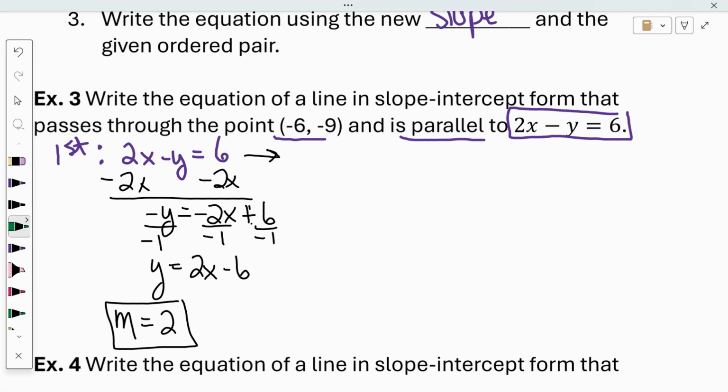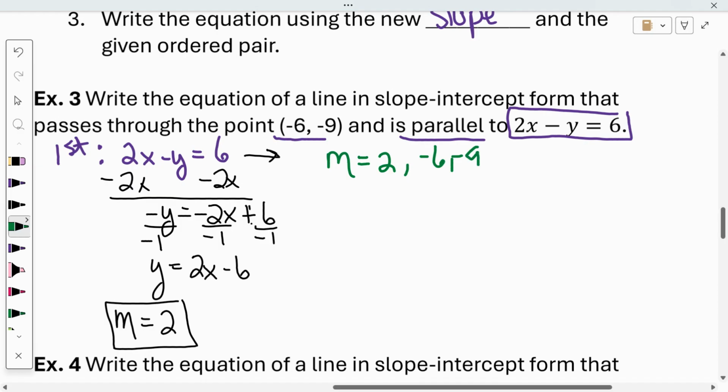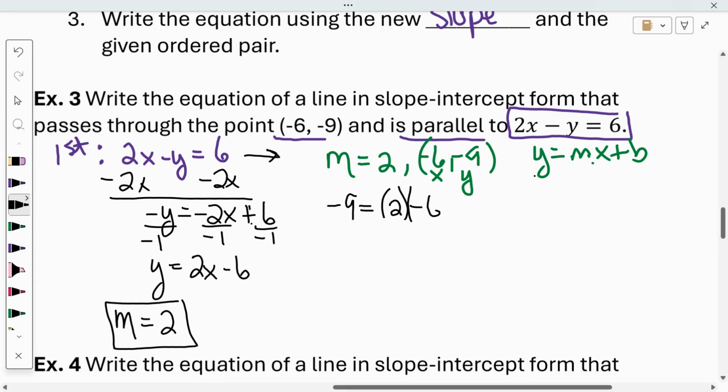I'm going to use a slope of 2 and the ordered pair negative 6, negative 9. So remember, this ordered pair is an x and y coordinate. So we're plugging these into y equals mx plus b, and we're solving for b. Okay, so y, which is negative 9, equals m, which is my slope of 2, times x, which is negative 6, plus b.